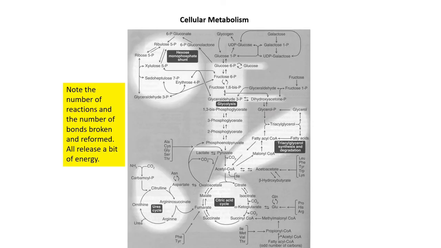Here is a diagram of what you'll be studying in this unit, and these are the chemical reactions I've been talking about when it comes to the conversion of our macronutrients, glucose, fats, and carbohydrates into some form of energy that can be used for movement.